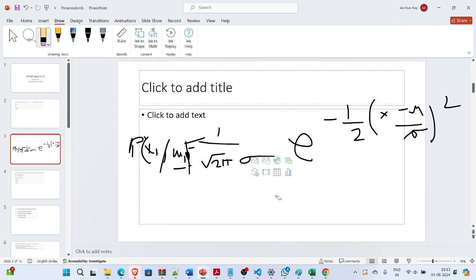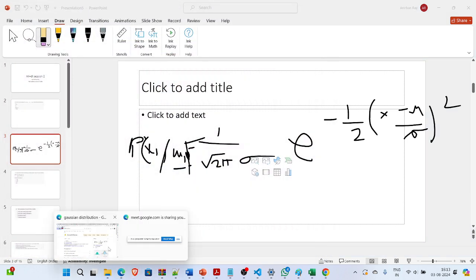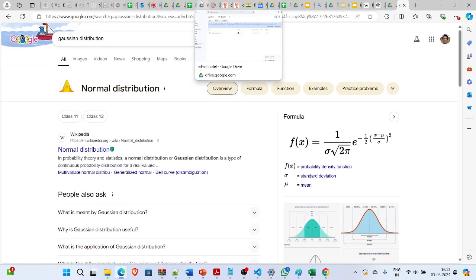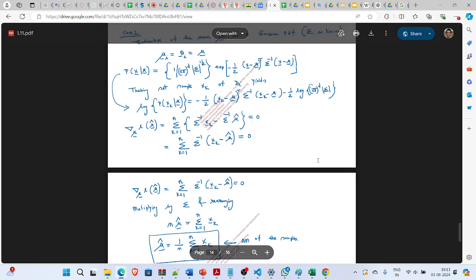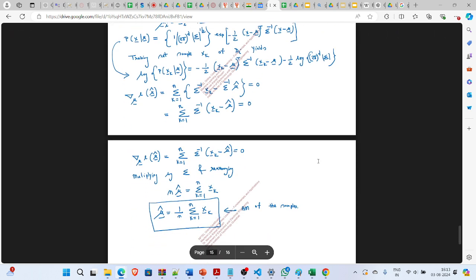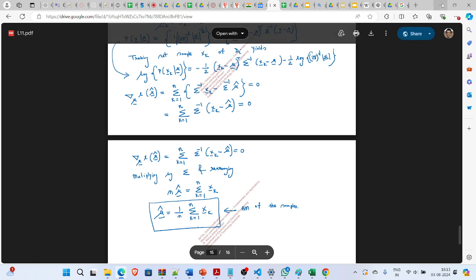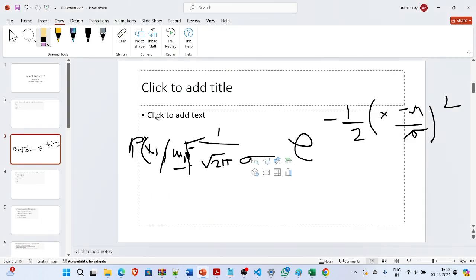And so this is it. We actually go similar to the multivariate case. First we take the logarithm and then differentiate with respect to every parameter, and we'll get very similar results.